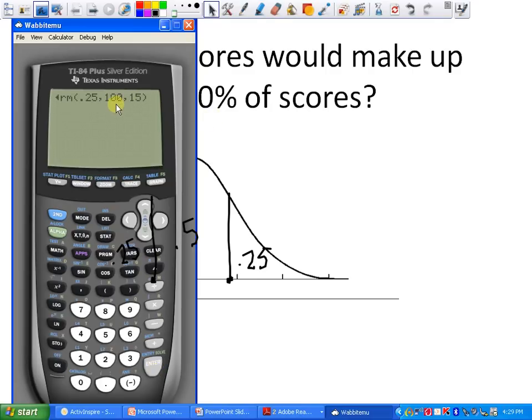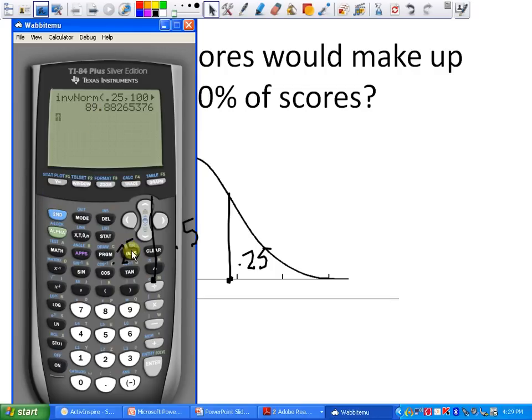It's going to give me a raw score. If I had 0 and 1 here, it would give me the z-score, and then I could use my formula z equals x minus mu divided by sigma to find my IQ score. This is actually going to give me the IQ score. 25% is to the left of this score. The mean is 100. The standard deviation is 15. That means that IQ score is about 89.88.